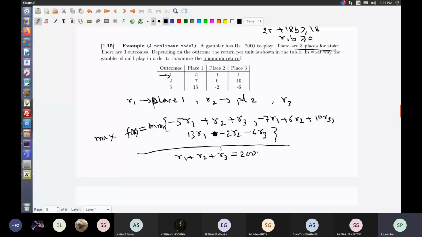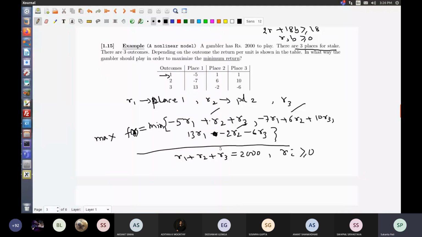Now since your f(r) is a minimum of 3 different functions, this is f1(r), this is f2(r), this is f3(r), 3 different linear functions. The first one f1(r) is linear, second one is linear, third one is linear, but the minimum of linear functions is not linear.